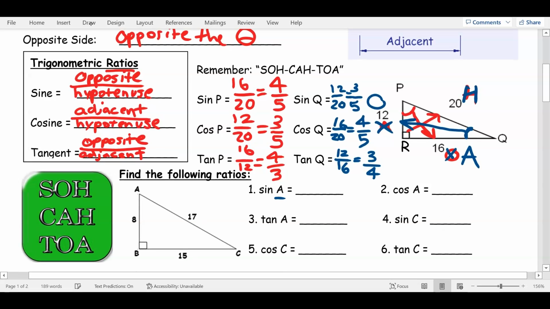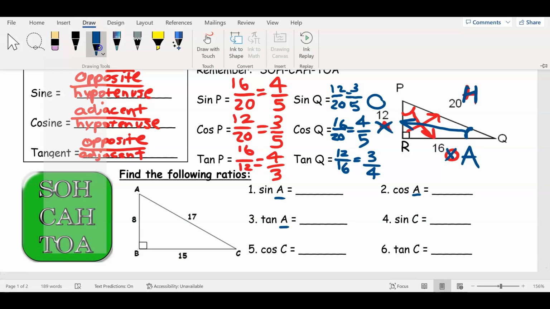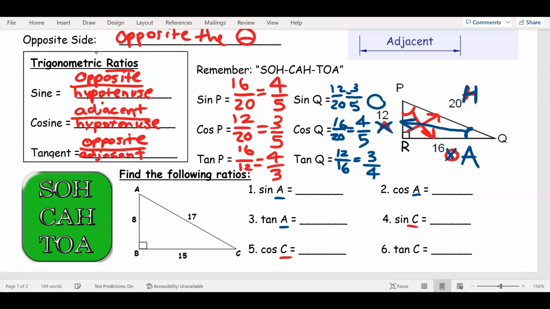Numbers 1, 2, and 3 are A, and then numbers 4, 5, and 6 are C. So this is the division. 1, 2, and 3 have to do with angle A. 4, 5, and 6 have to do with angle C. I'm going to let you, and I'm going to come around and check. I want you to do what we just did on this new triangle. Label O, H, and A, write the trig ratios.